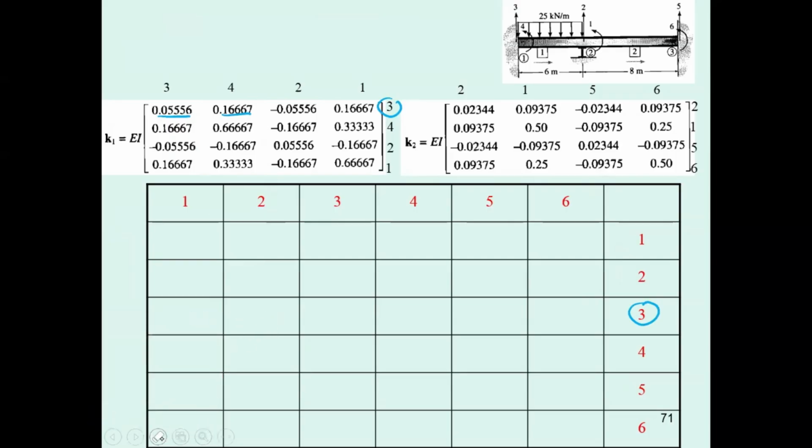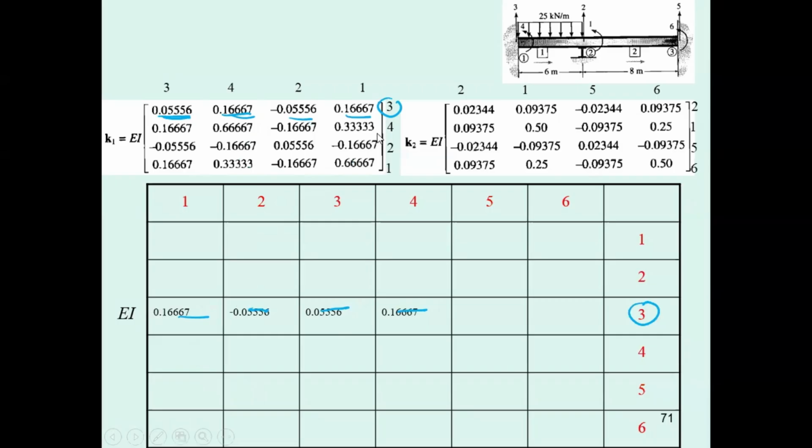You have to start with the correct one: 3, 3, and then 3, 4, and then 3, 2, and then 3, 1. Beware about it. Okay, EI, and then 3, 3, 3, 4, 3, 2, and 1.